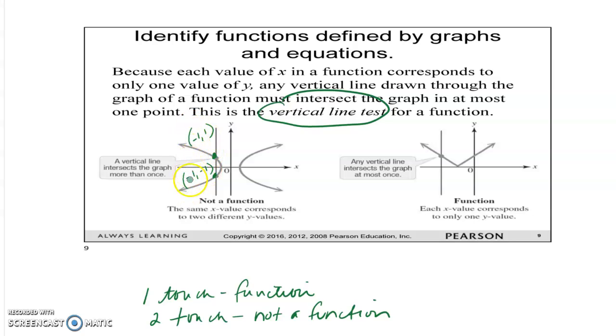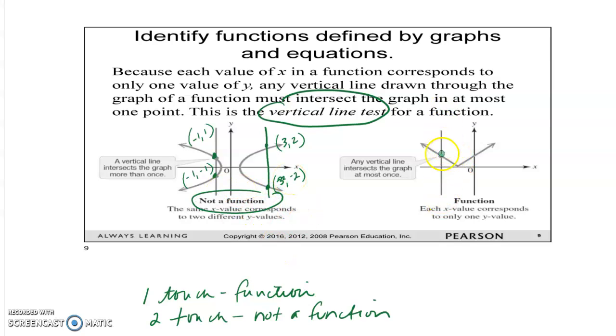You can see that my x value is repeated. And the same thing would happen over here. If I drew it here, it would hit here and here. So maybe this is 3, negative 2. And this might be 3, 2. You can see that x repeats. So no, this is not a function.